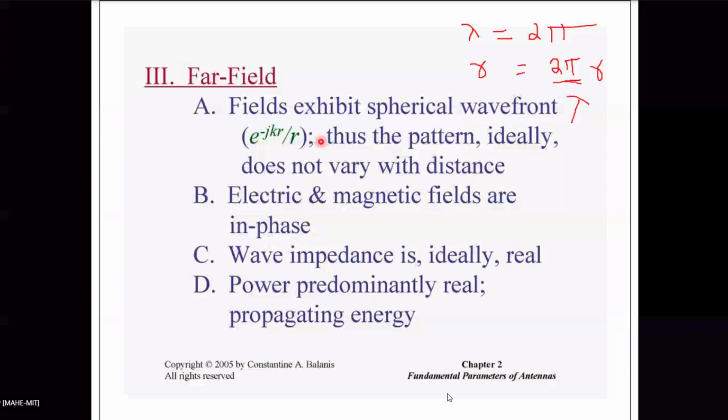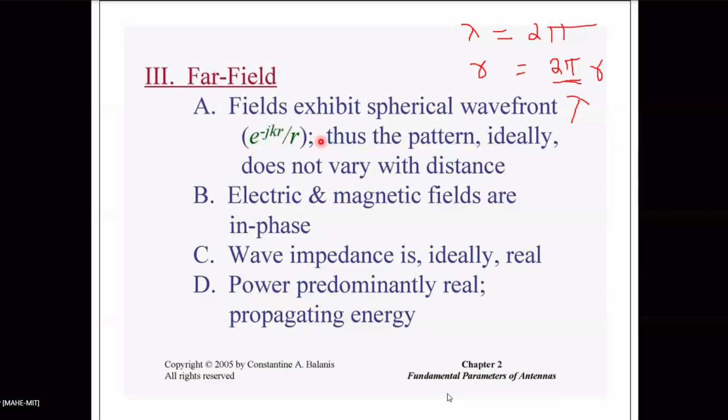Do you understand? Yes, sir. Wave impedance is ideally real. Wave impedance is E by H, ideally real. When E and H are in same phase, E by H is also real. Okay. Power predominantly real, propagating energy.